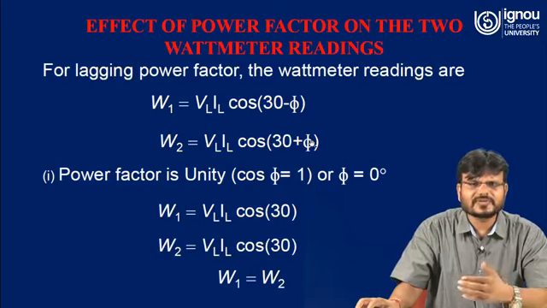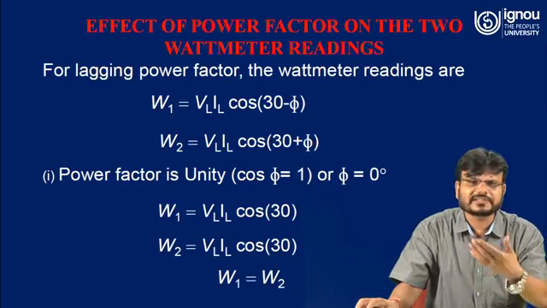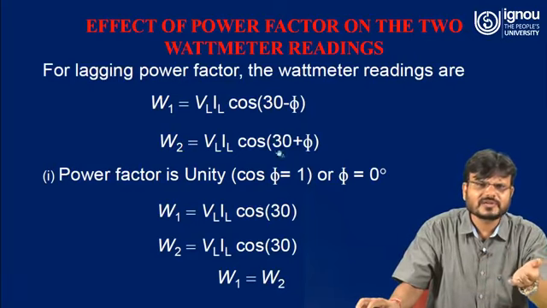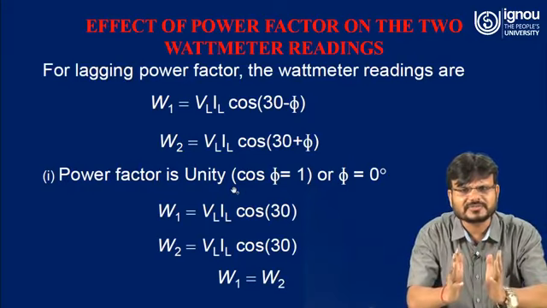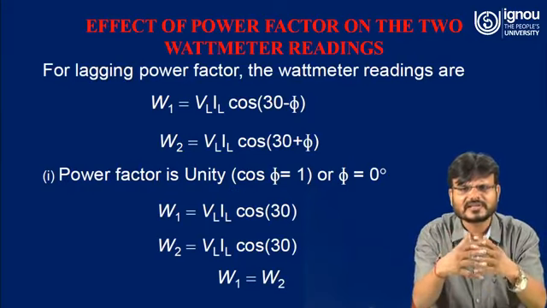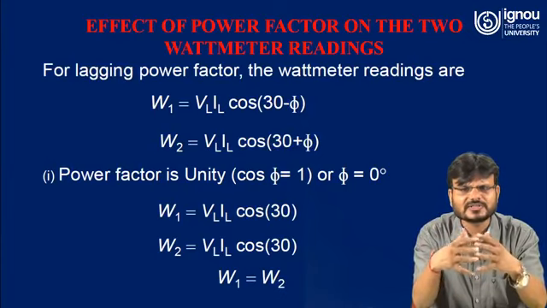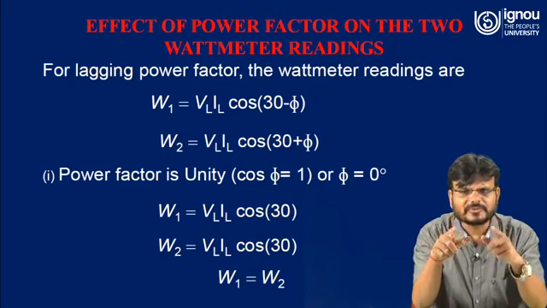So now we are analyzing the different conditions. The first condition is: if the power factor is unity. Power factor is unity means cos phi is 1. If cos phi is 1, what is the value of phi? That is 0, because cos 0 is 1. That means the phase angle between voltage and current is 0, or you can say it is working like a purely resistive circuit.